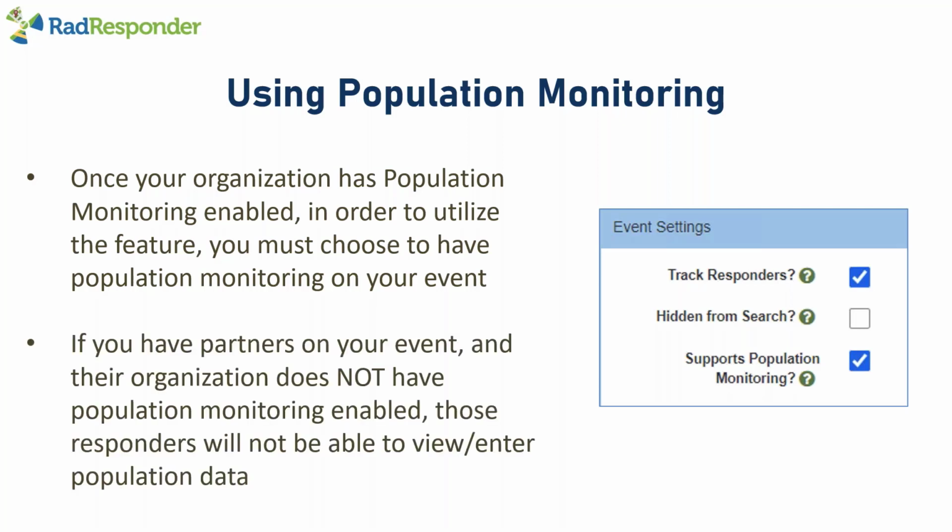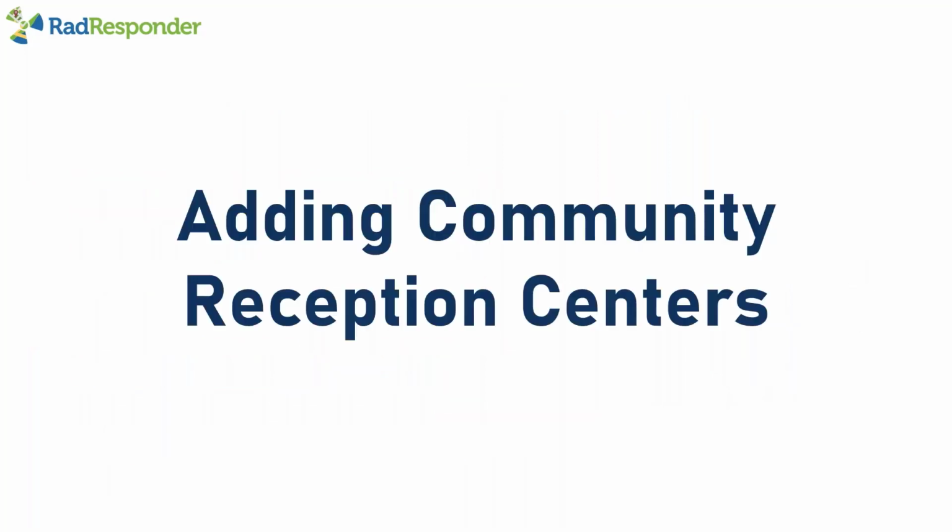Something important to note, and this did come up during some exercises, is that if you have partners on your event and their organization does not have population monitoring enabled, those partners will not be able to view or enter population data. So even though the event may support population monitoring, if the organization itself that's a partner on the event does not, they will not be able to leverage that function.